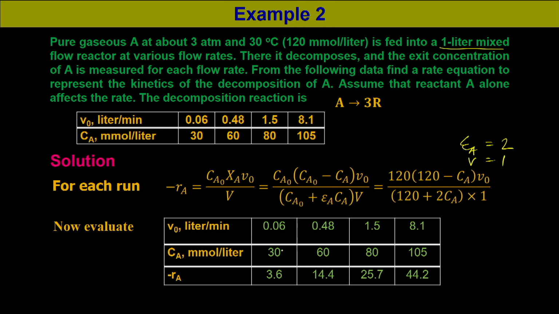For the volumetric flow rate of this one and this one, if we substitute these two over here, we get minus r_A is 3.6, and hence for every condition we can calculate the values of minus r_A.